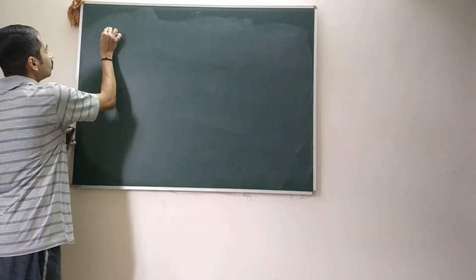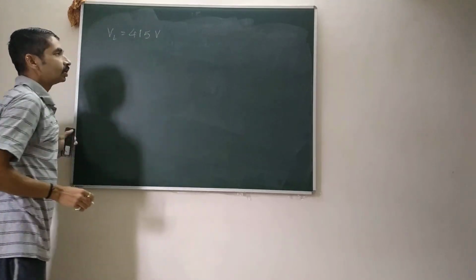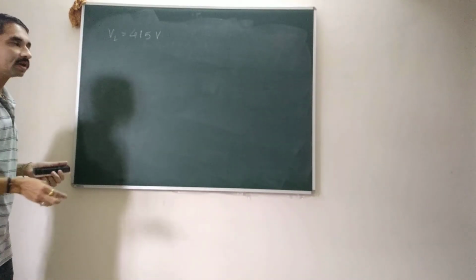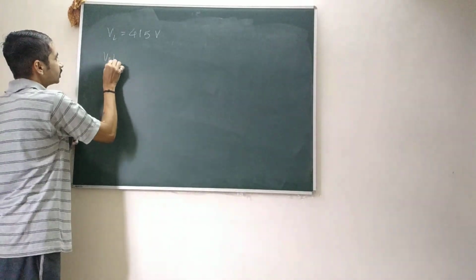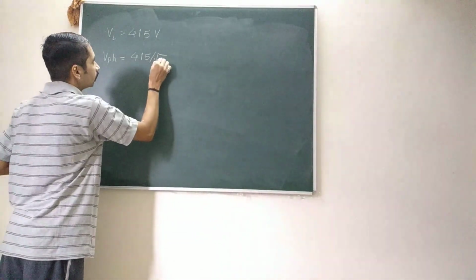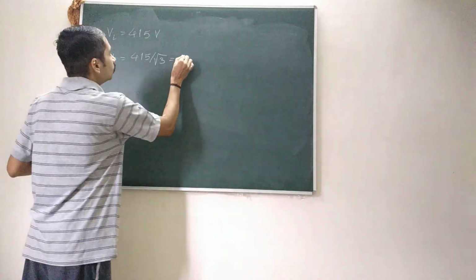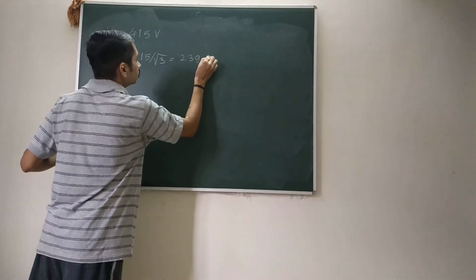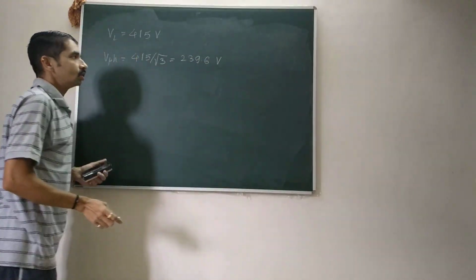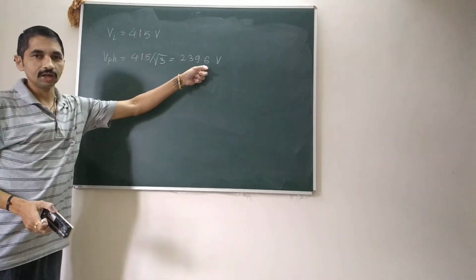So line voltage VL is 415 volt, and therefore the per phase stator voltage will be 415 upon root 3, which comes out to be 239.6 volts.